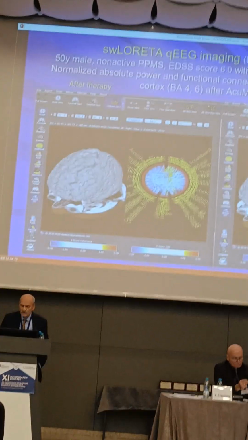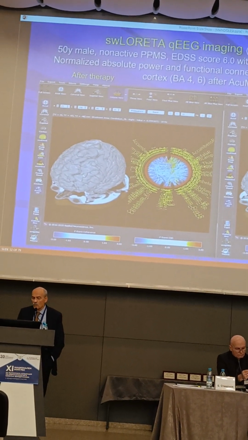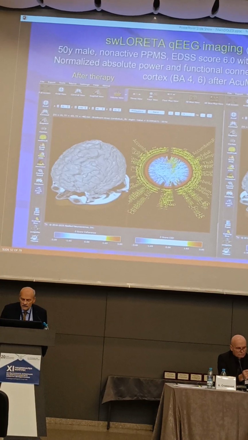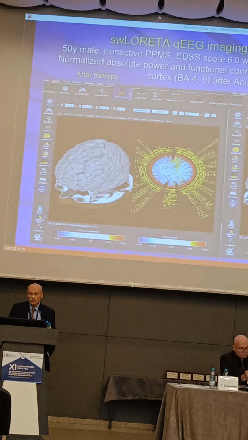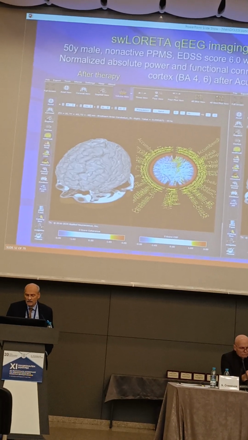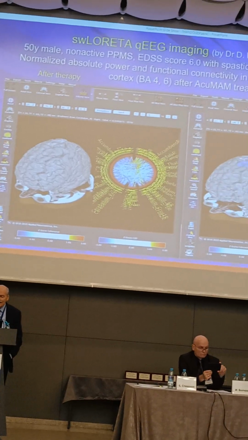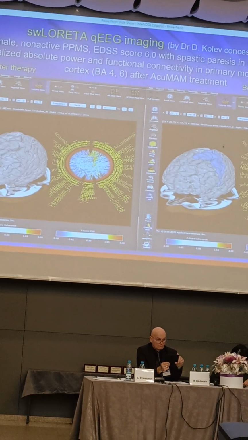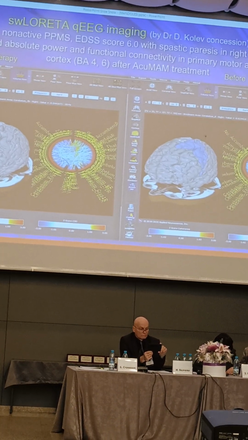Okay. And this is another case. This light blue area that we see on the right is before treatment. This is a chronic functional connectivity alteration. This is the color, that blue.